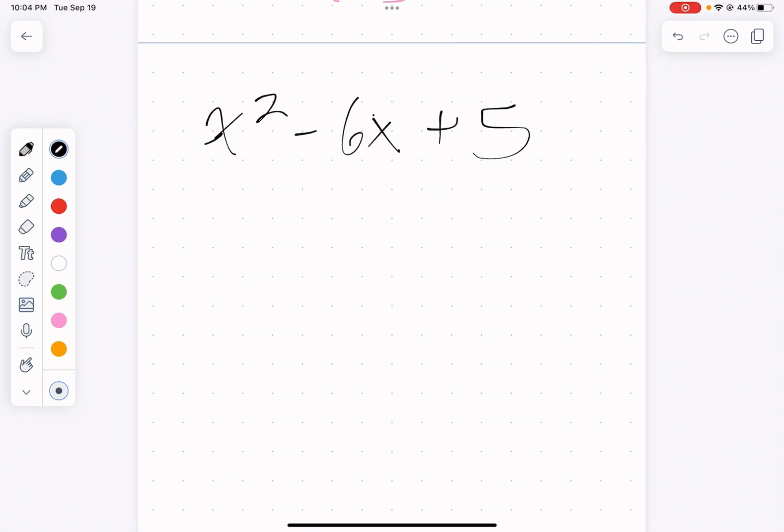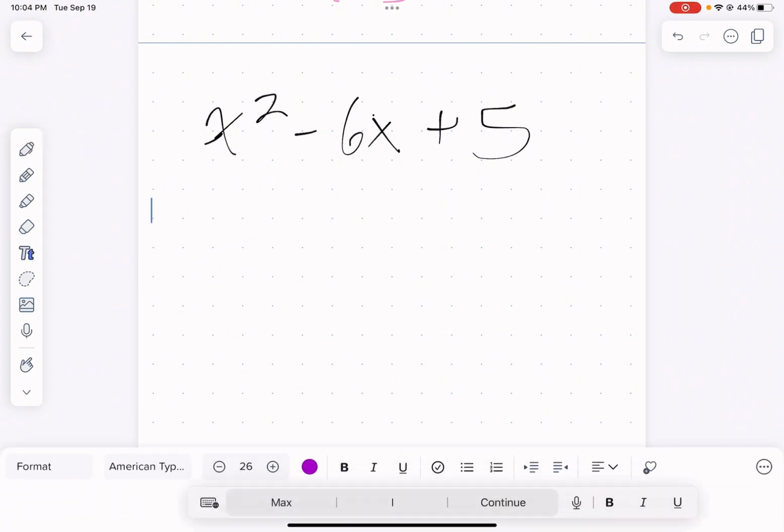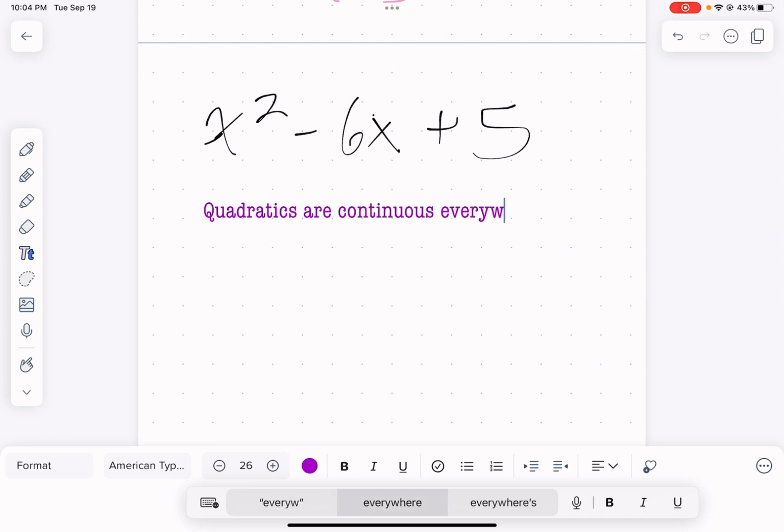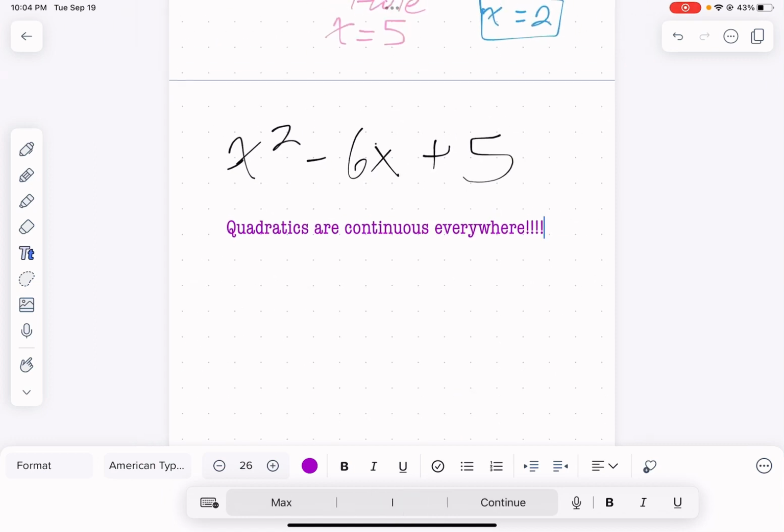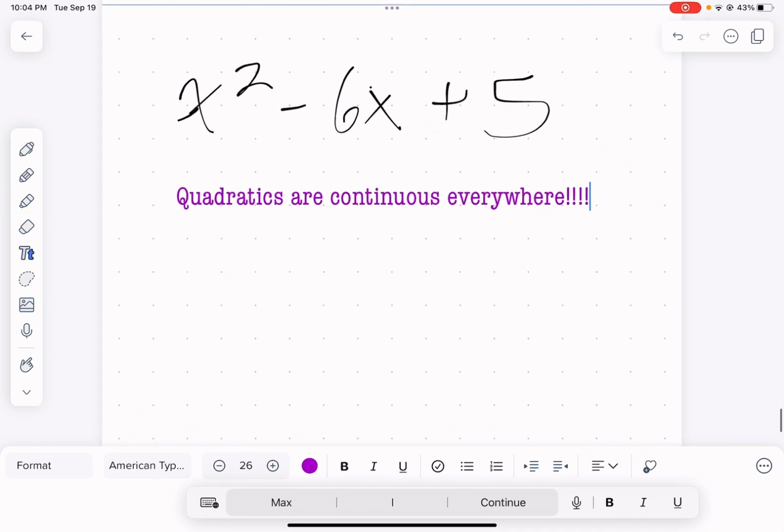It's important to note that polynomials, like quadratics, are continuous everywhere. So there is not any place on here where you will have a discontinuity. Anytime you see a question like this, it very much is a trick question, and the answer is no discontinuity. That is all for 1.10.